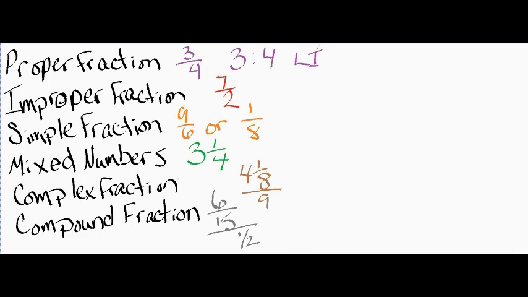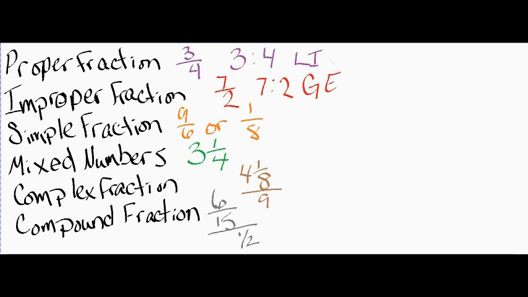Now in an improper fraction, the numerator is larger than the denominator. Again, if we're working on writing it as a ratio, the numerator becomes our antecedent, the denominator becomes our consequent. The antecedent is larger, so it is a ratio of greater inequality.